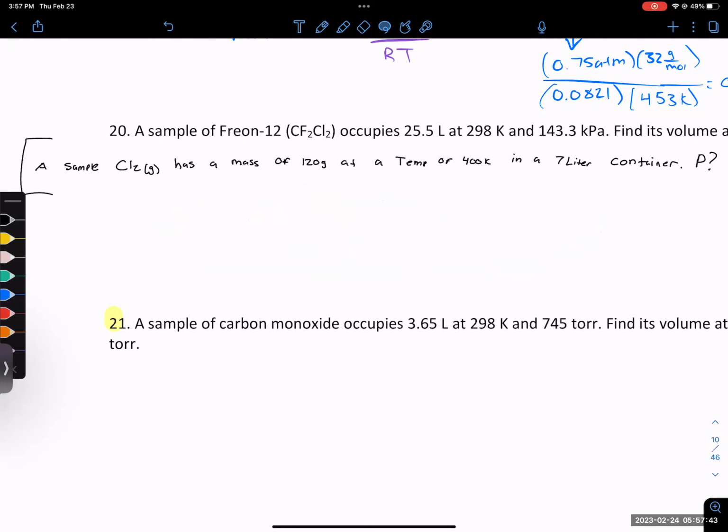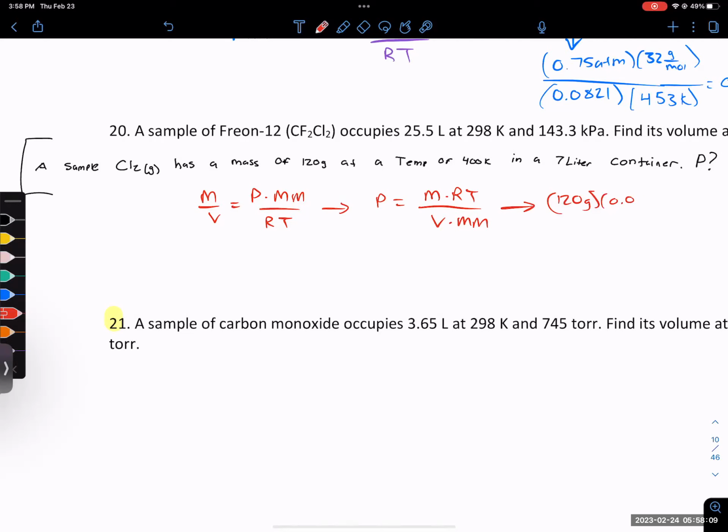What I would have done on the test is you straight up use M over V is equal to P times the molar mass over RT. We're looking for pressure, so we solve for P, so P is equal to M times RT over the volume times molar mass. We plug everything we have in here, so the mass was 120 grams, R is 0.0821, T is 400 Kelvin, volume was 7 liters, and then molar mass is 70.9 grams per mole.